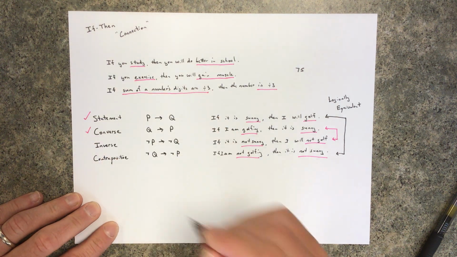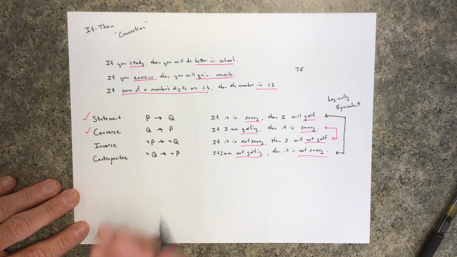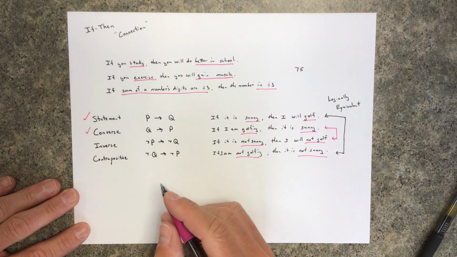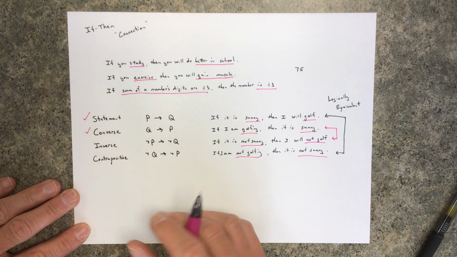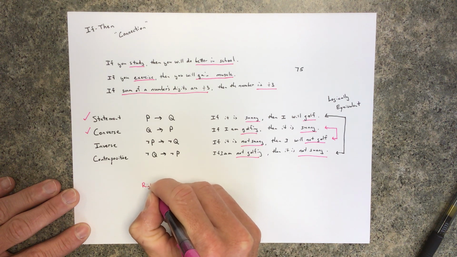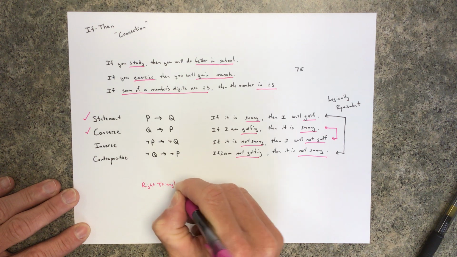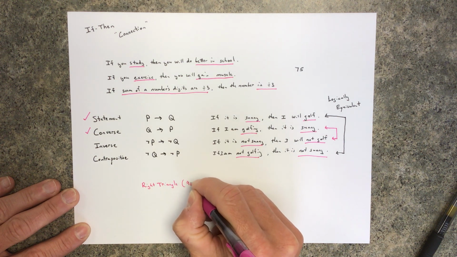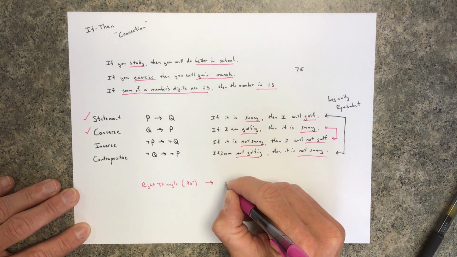These guys. Okay? So, for instance, sometimes they're both true, right? I'm going to give you the Pythagorean theorem. The shorthand of that is if you have a right triangle, which means one of the angles is 90 degrees, then the Pythagorean theorem is true.